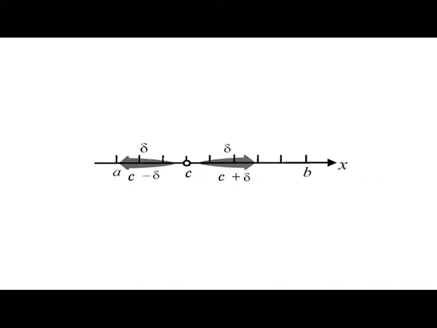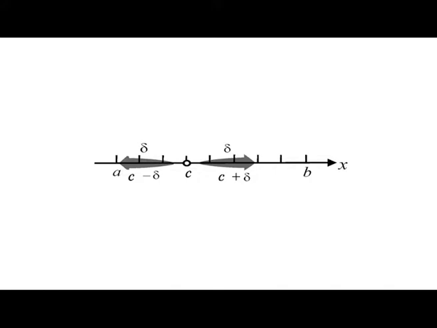Step 1: solve the inequality |f(x) minus L| less than epsilon to find an open interval (a, b) about c on which the inequality holds for all x not equal to c. Step 2: find a value of delta greater than 0 that places the open interval (c minus delta, c plus delta) centered at c inside the interval (a, b).